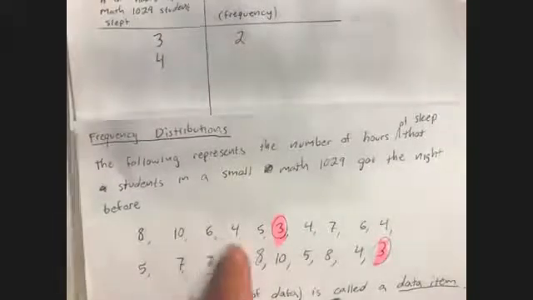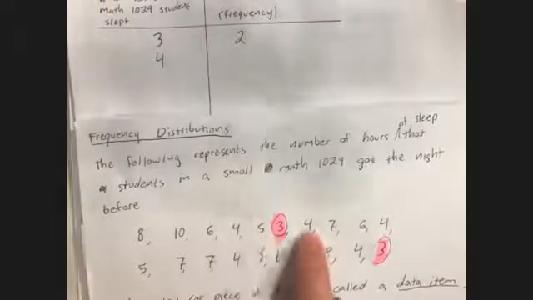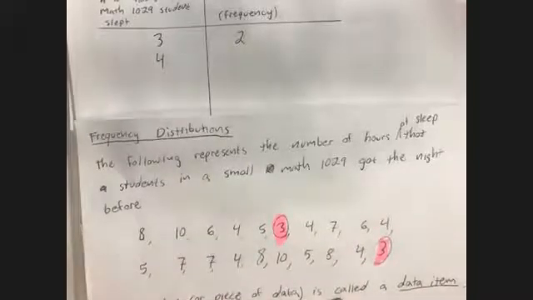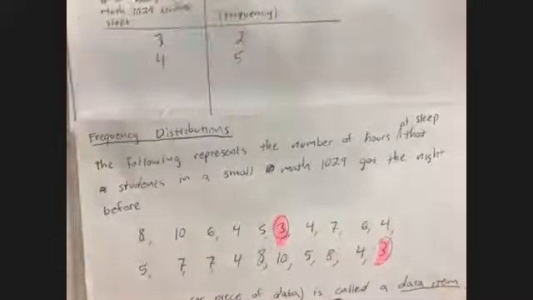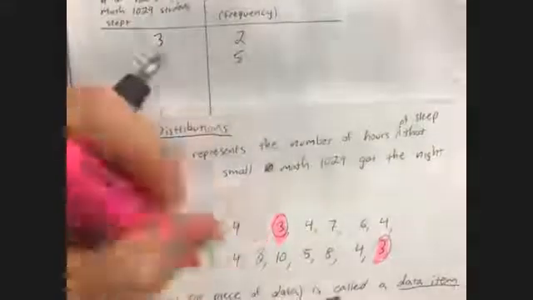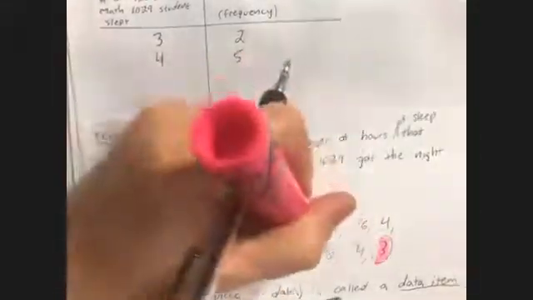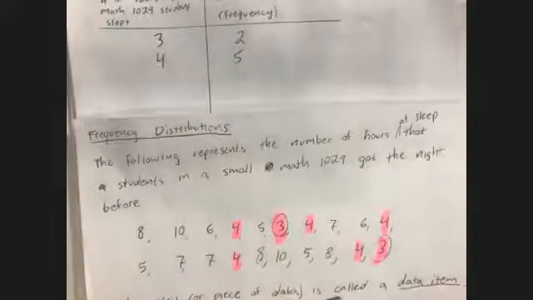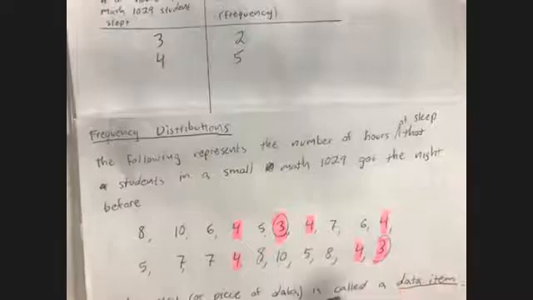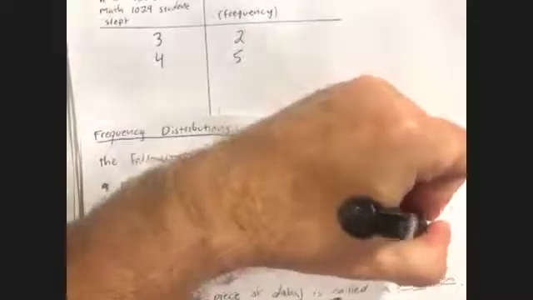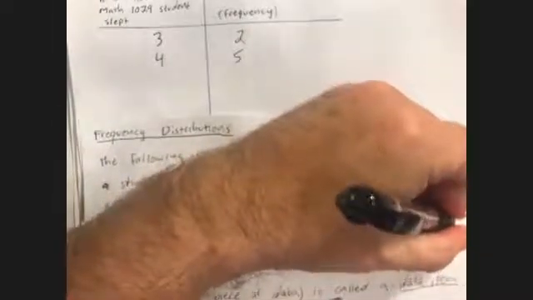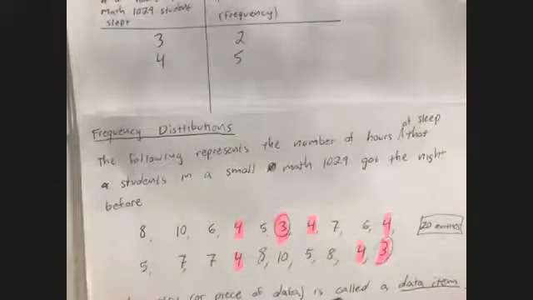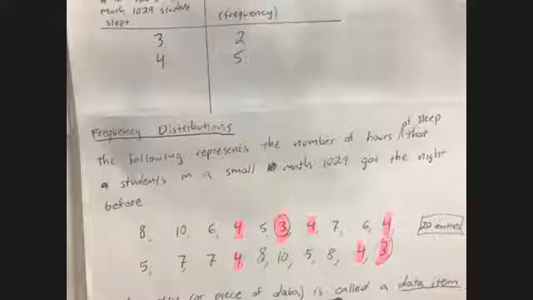It occurs 1, 2, 3, 4, 5. Occurs 5 times. Again, I'm highlighting these so that I know that I've counted them. I know that there's a total of 20 items, 20 entries. So at the end, these numbers should add to 20 on the right side of the frequency.